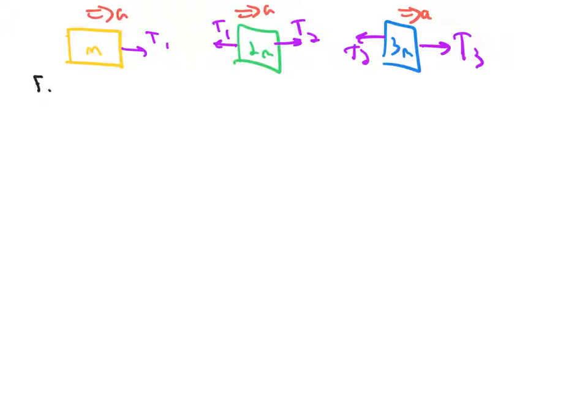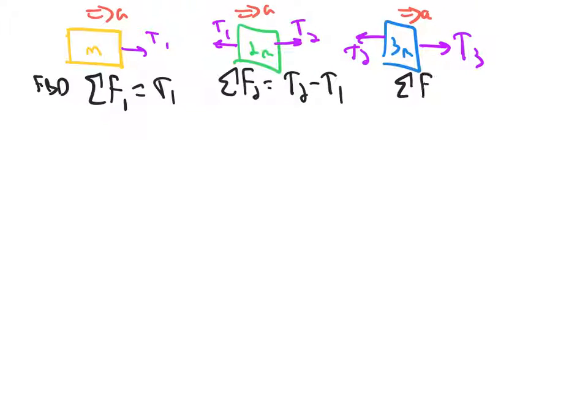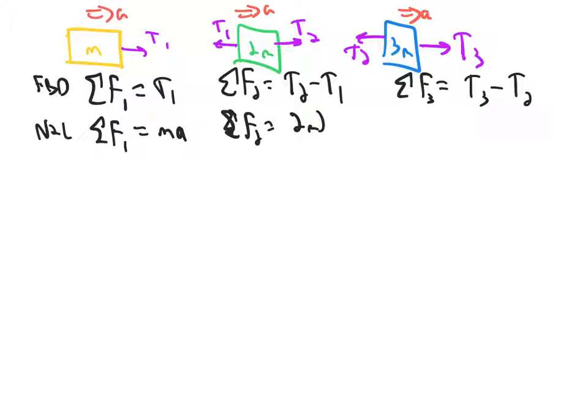So from the free body diagrams, the sum of the forces on block 1 is T1, the sum of the forces on block 2 is T2 minus T1, and the sum of the forces on 3 is T3 minus T2. From Newton's second law, the sum of the forces on 1 is ma, on 2 is 2m times a, and on 3 is 3m times a.